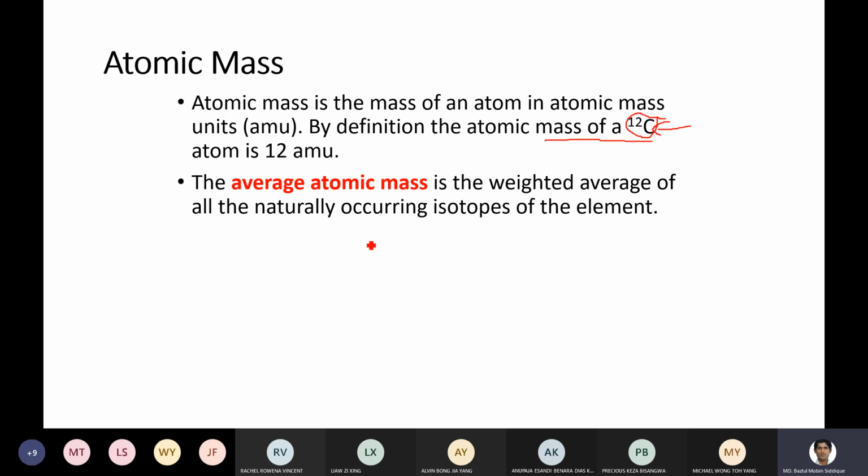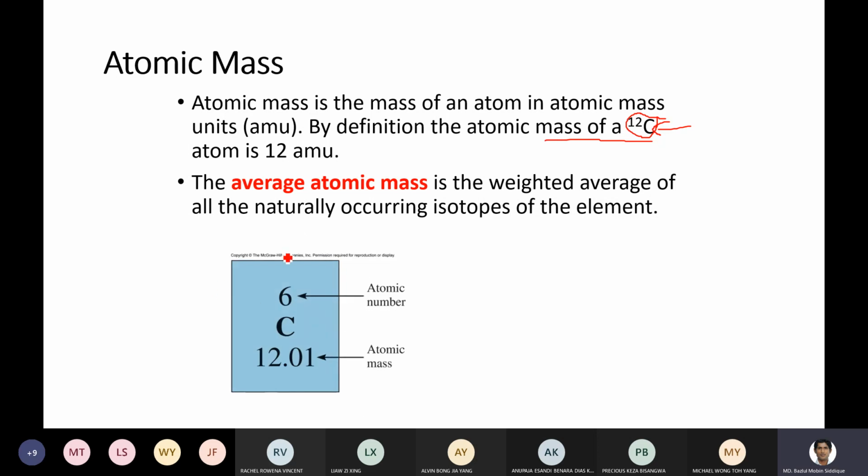Okay, and the average atomic mass is the weighted average of all the naturally occurring isotopes of the element, because just now we saw that the atomic mass is the number of protons plus the number of neutrons.